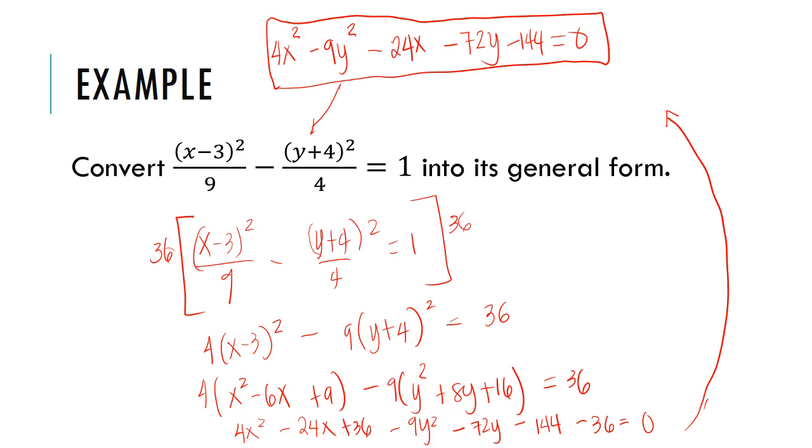There is also a method of inspecting the coefficients in a general equation of a conic section. It is not always true, but you can determine the type of conic section by inspecting the coefficients.